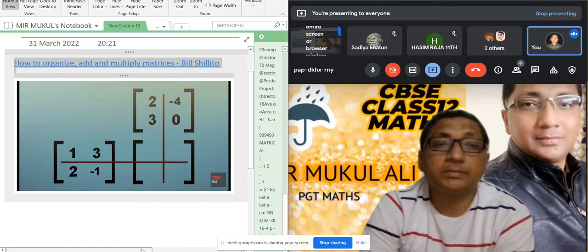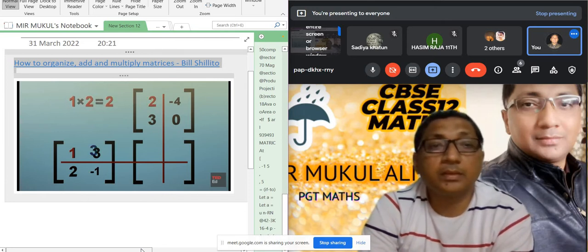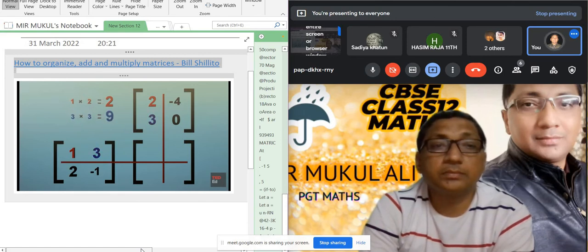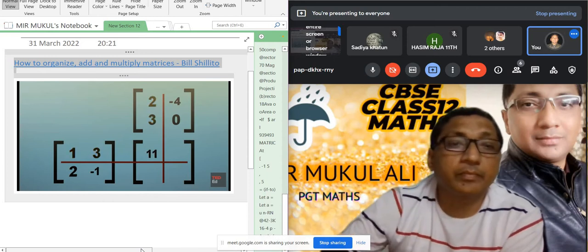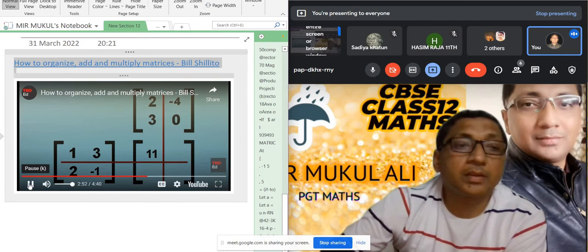See how there's 2 numbers in each? Multiply the first number in the row by the first number in the column. So try to understand. 1 times 2 is 2. Now do the next ones. 3 times 3 is 9. Now add them up. 2 plus 9 is 11. Let's put that number in the top left position so that it matches up with the rows and columns we used to get it. See how that works? You can do the same thing to get the other entry.